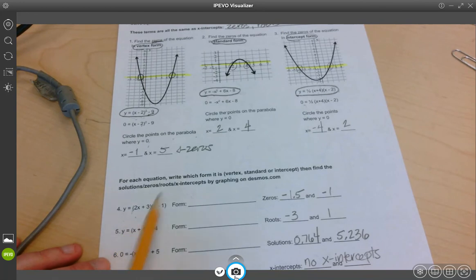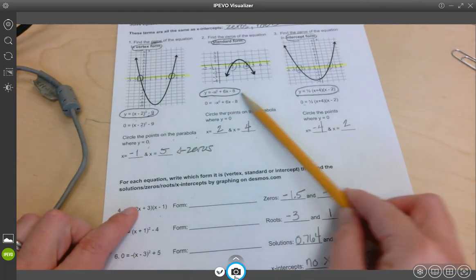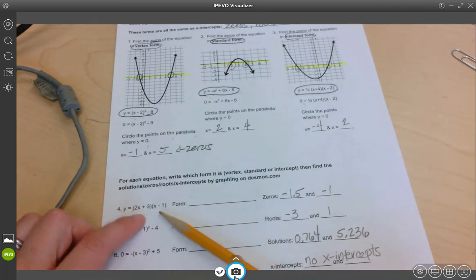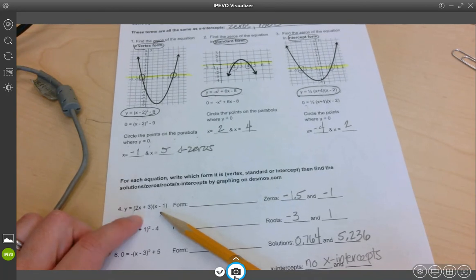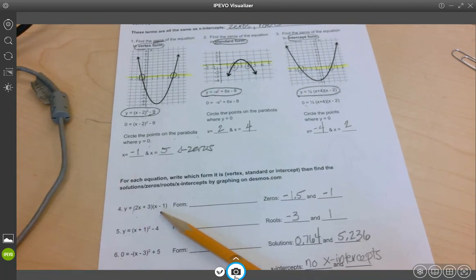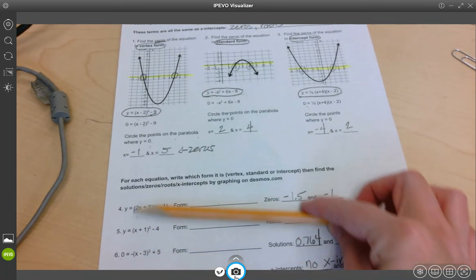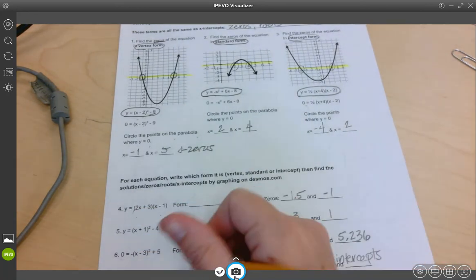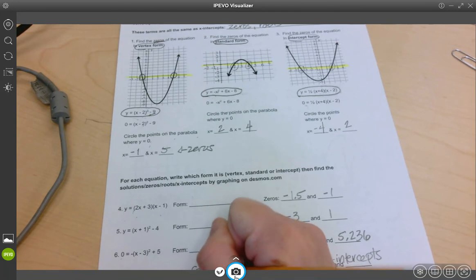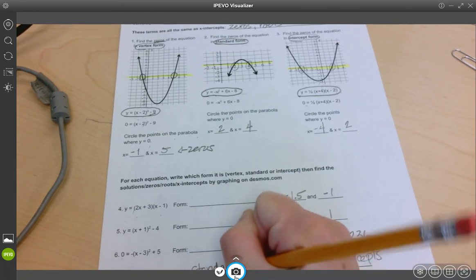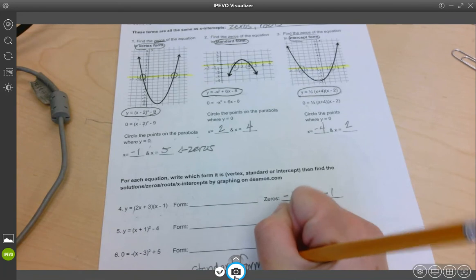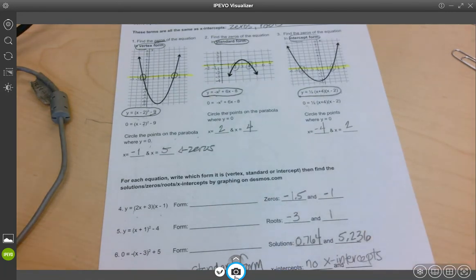Okay, let's take a look at standard. So standard has no parentheses. Does that match this one? But which one is standard, guys? 4, 5, 6, or 7? Which one's standard? 7. 7 is standard. Good. So this one is standard form. Okay. Yeah, let's do it that way. All right.